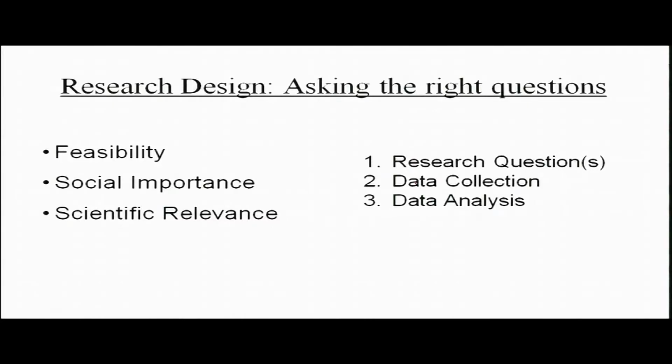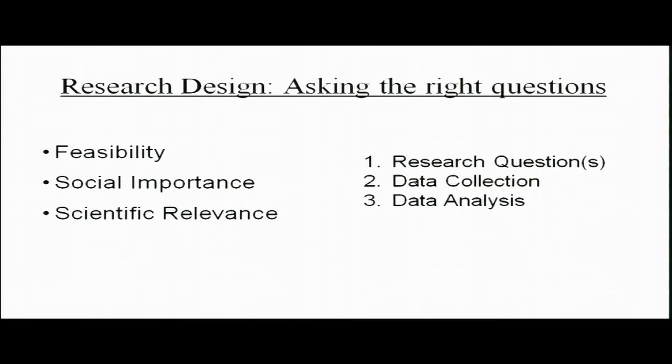If you ask questions that are not really feasible, then you will not only face various challenges while doing that research, it will also not give you the kind of results or the answers that you are looking for. So asking a question that is feasible is very, very important.